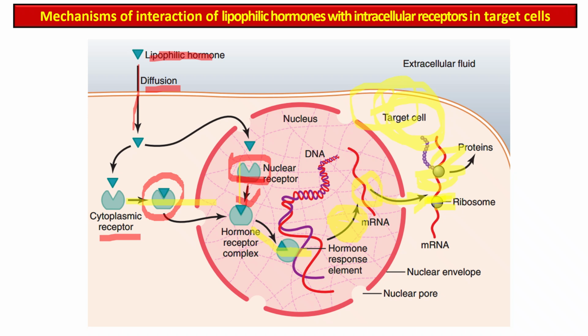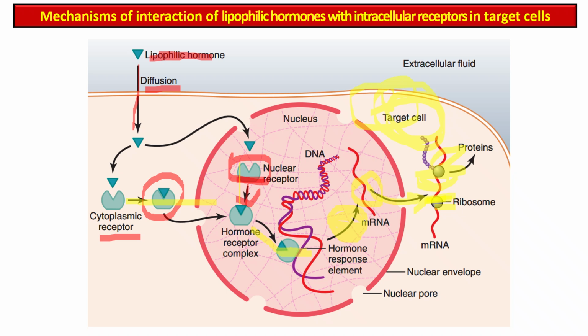So the lipophilic hormone crosses the membrane to enter the cell. Cytoplasmic or nuclear receptor binds the hormone to form a functional complex, and the hormone response element is the DNA site where the complex binds to regulate the transcription.